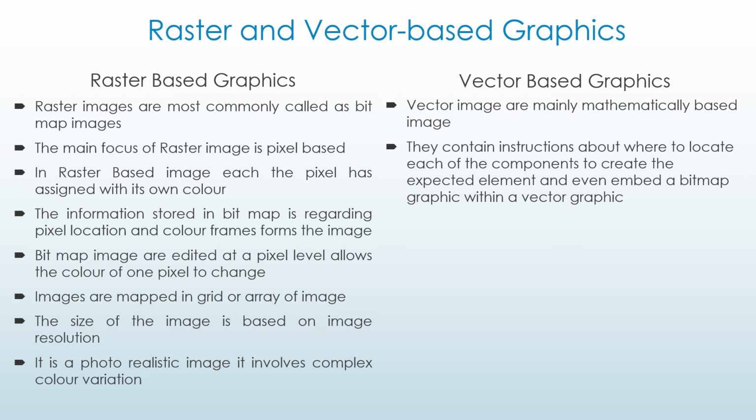They contain the instructions about the location of each component to be created, and they can embed a bitmap within vector graphics. It has the content from A to Z, not like a bitmap, where each pixel has a solution. If you select every kind of thing, you can easily create a vector image.